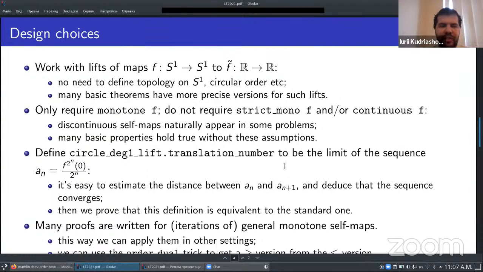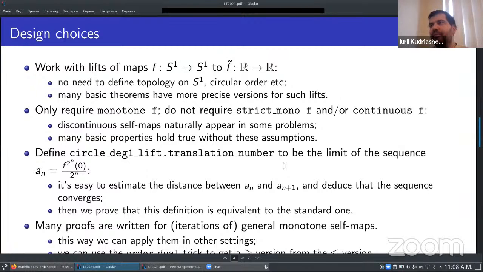You get that the distance between a_n and a_{n+1} is at most, I don't remember, 2 to negative n plus or minus 1.